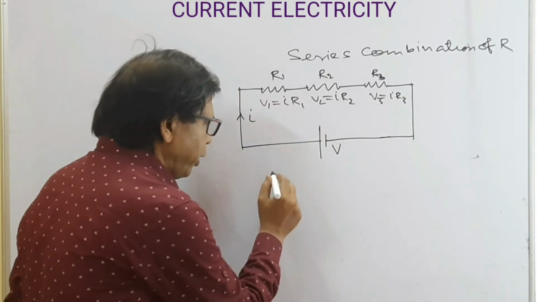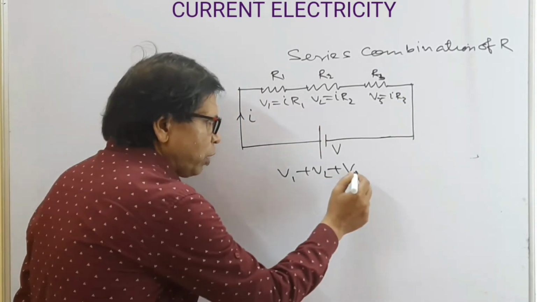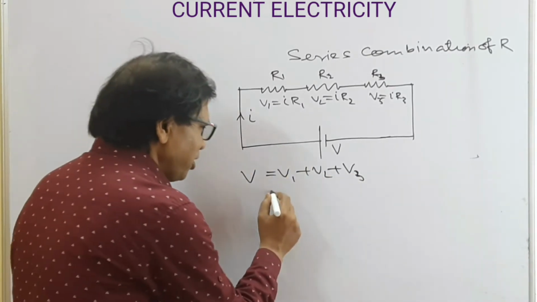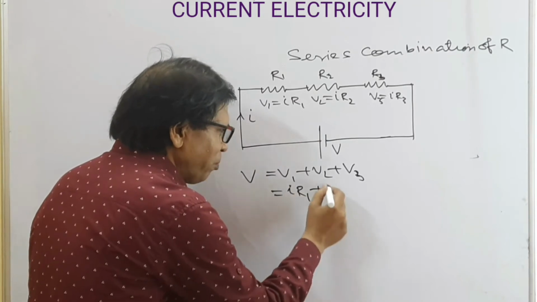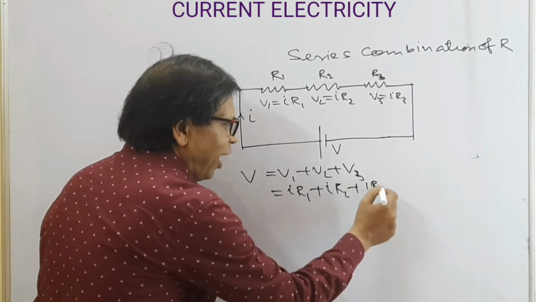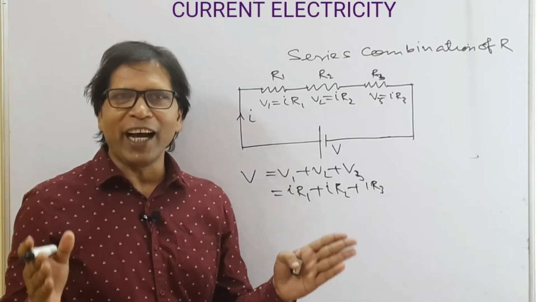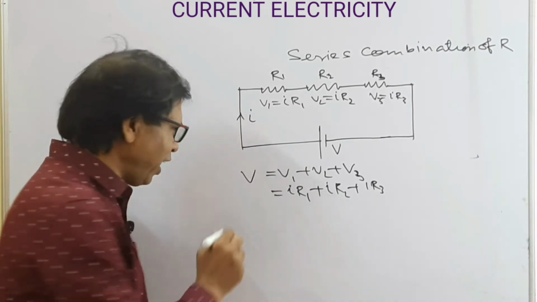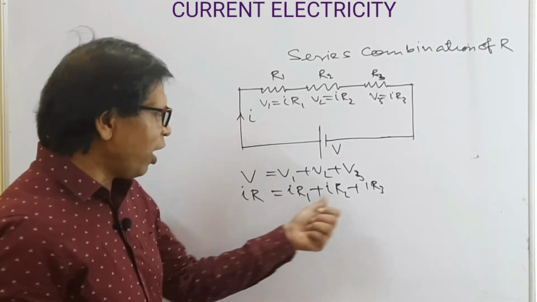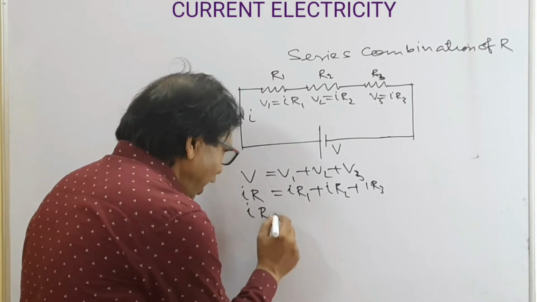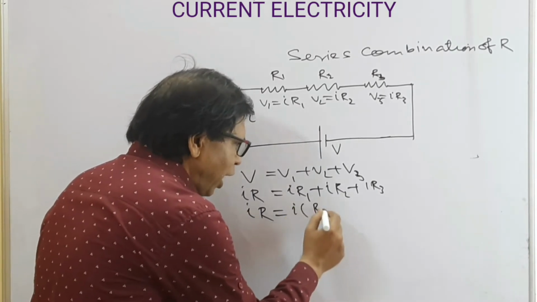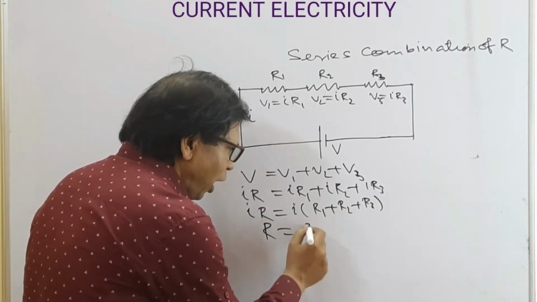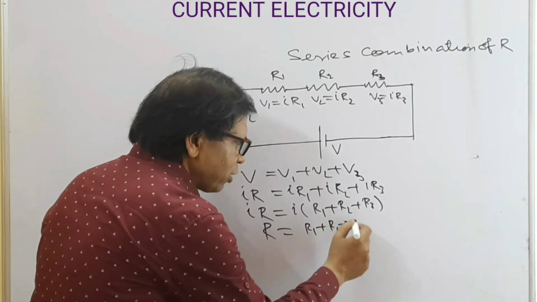So the total potential drop V1 plus V2 plus V3 is equal to V. Now put the values: IR1 plus IR2 plus IR3. If capital R be the equivalent resistance in series combination, then V equals IR. So IR equals I into R1 plus R2 plus R3. So R equals R1 plus R2 plus R3.